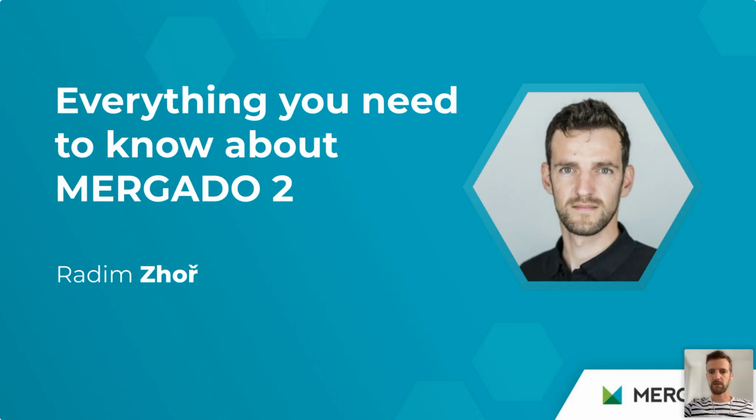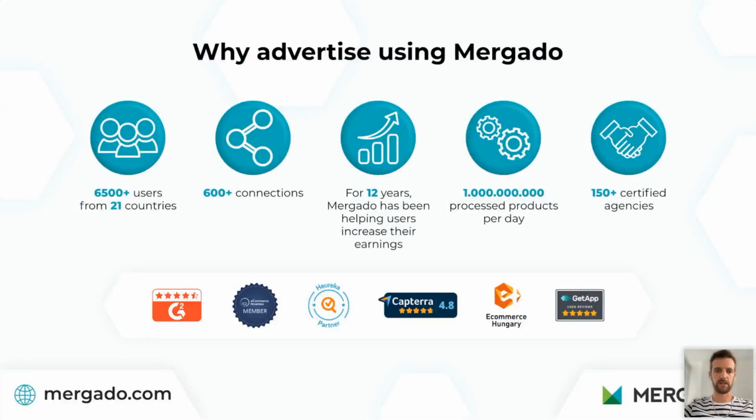In the meantime, I will just say a few words about MERGADO. MERGADO is a tool for product feed management and feed optimization. It allows you to convert and edit XML, CSV, and other different types of product feeds, review feeds, affiliate feeds, etc. We come from Czech Republic, but we have clients from all over the world.